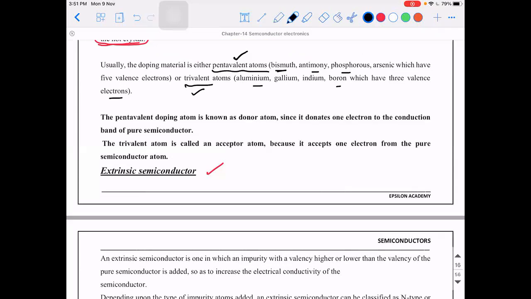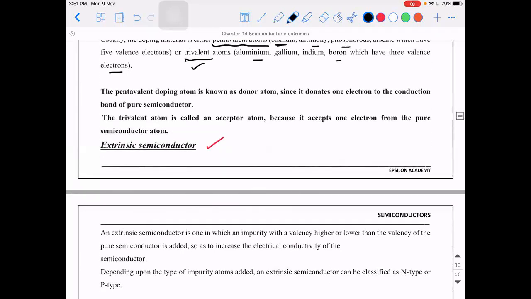So you will have excess electrons. The pentavalent doping atom is also known as a donor atom, because it donates 1 electron to the conduction band of the pure semiconductor. Whereas a trivalent atom is called an acceptor atom because it accepts 1 electron from the pure semiconductor atom. So have these 2 points in your mind.